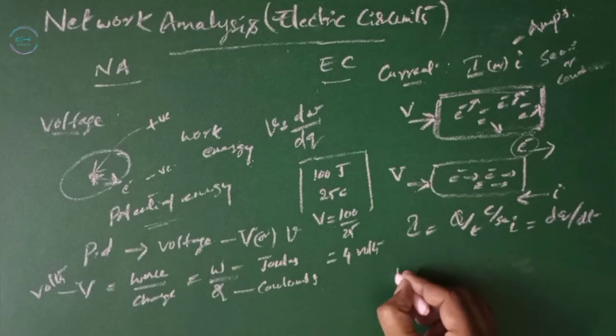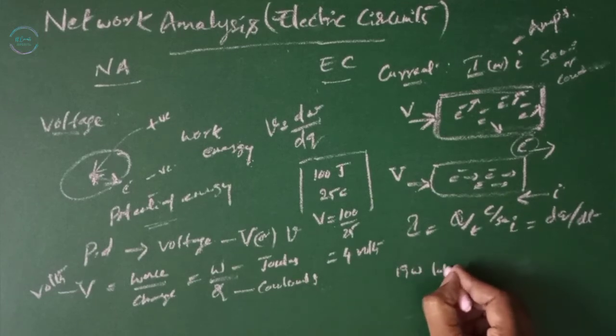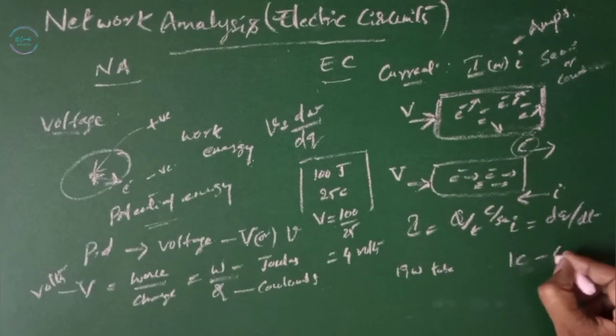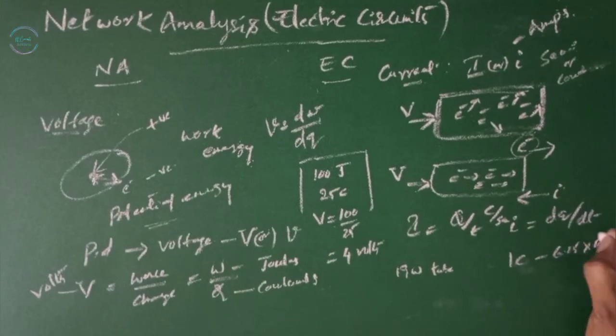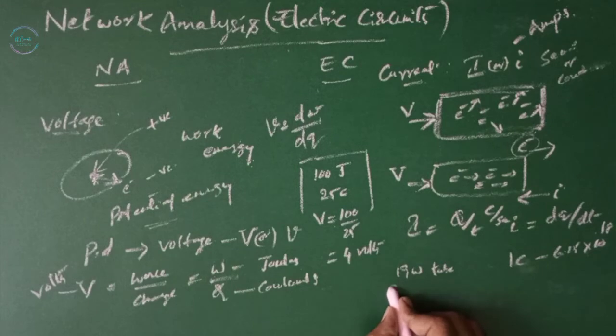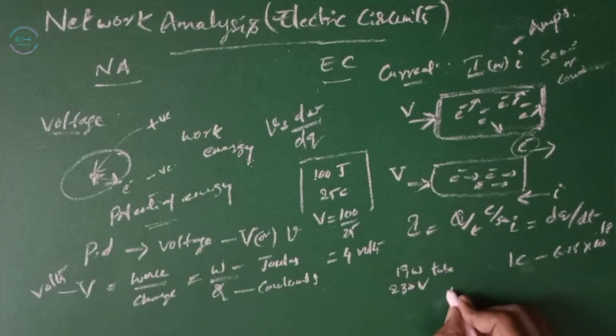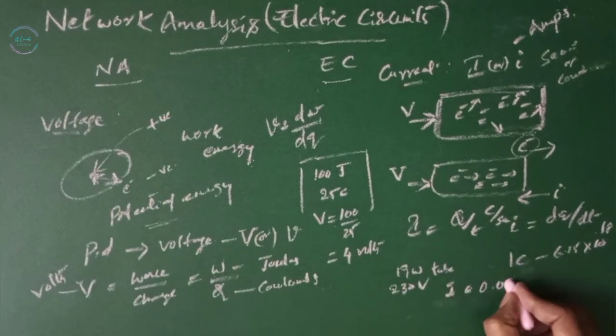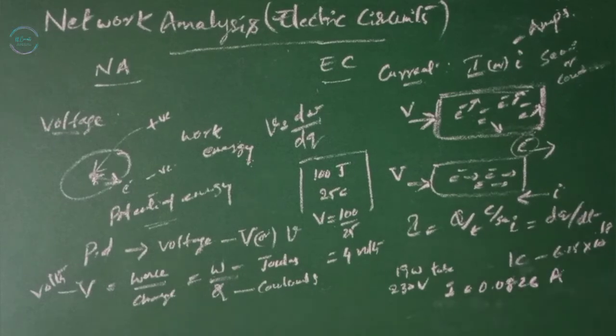Suppose I am considering a 19 watt tube. 1 coulomb is the charge carried by 6.25 times 10 to the power of 18 electrons. For a 19 watt tube at 230 volts, I equals 0.0826 amps. This means electricity is passing through the tube at the rate of 0.0826 coulombs every second.